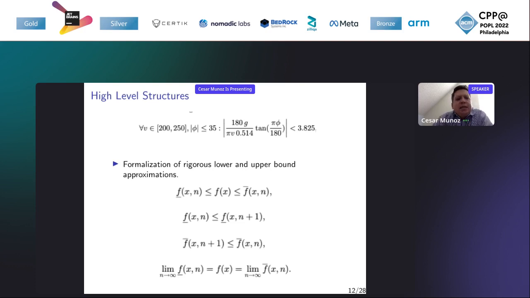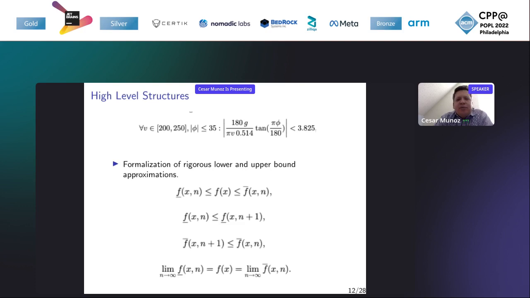It is related to the maximum angle. What is this? I forgot. I mean, phi is the bank angle. V is the ground speed of the aircraft, and I think that this is a computation related to the turn rate of that particular aircraft.